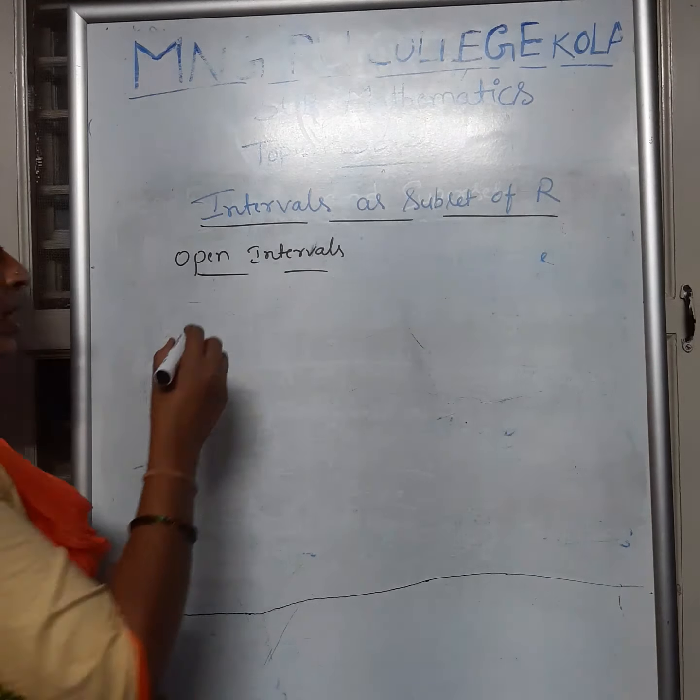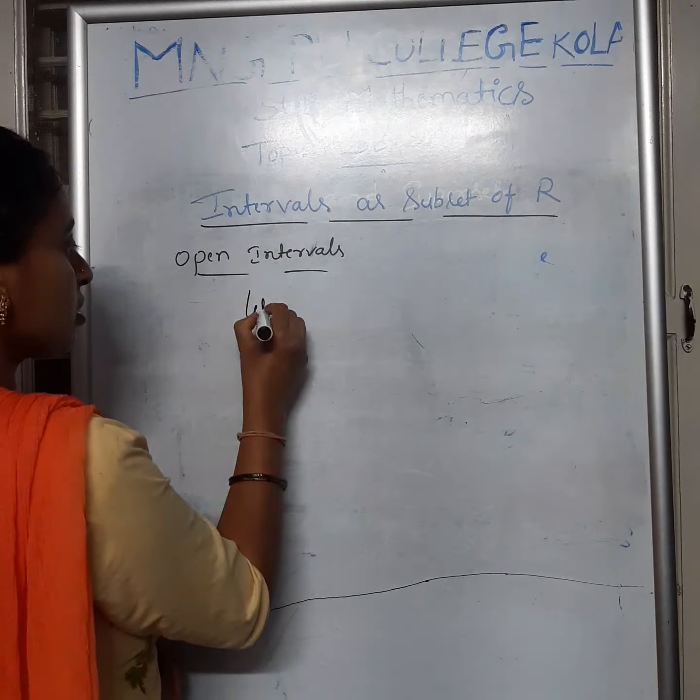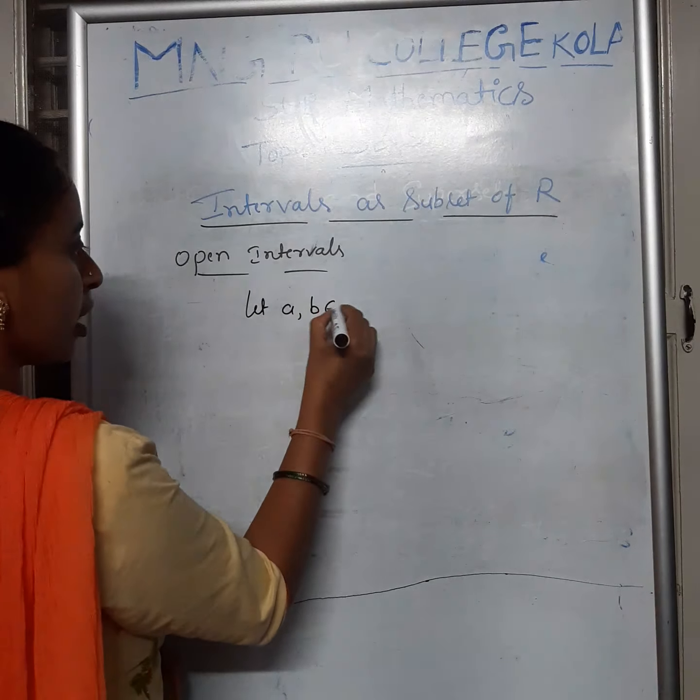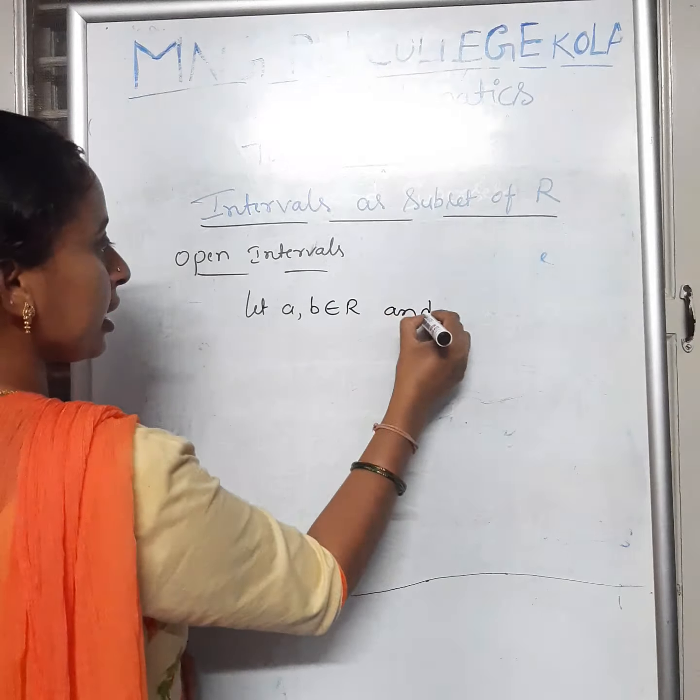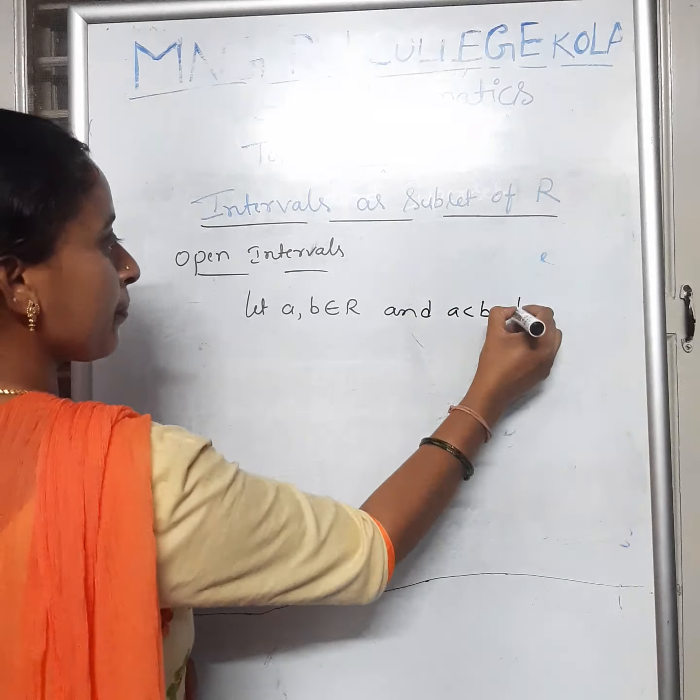So here also we consider two real numbers, that is, let a, b belong to R and a is less than b.